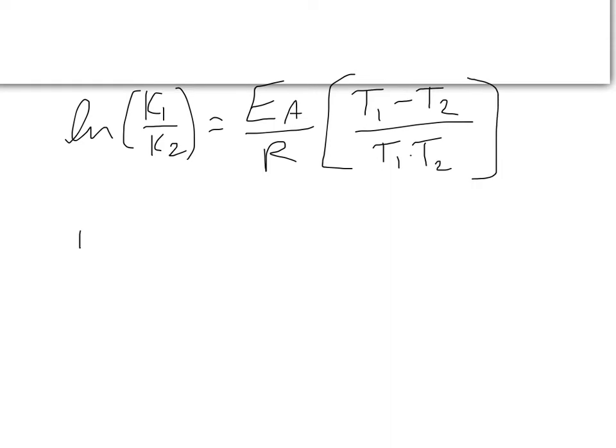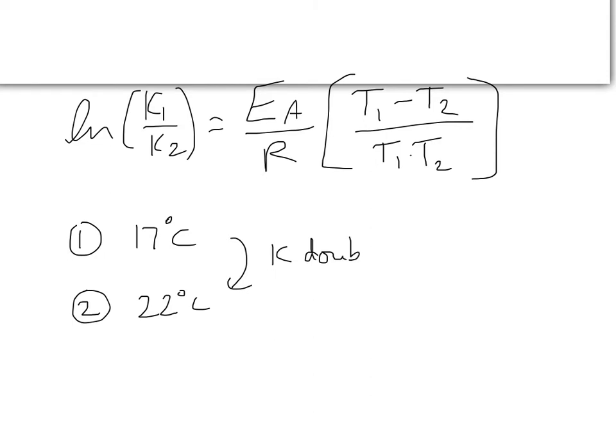What are we given in the problem? Well, we are told at 17 degrees C, and our other temperature was 22 degrees C, K doubles. Okay, and so we don't actually know K1 and K2, do we? Now, if K doubles, then that tells us that we do actually know this ratio. And so K2 over K1 is 2. And if you look at the expression above, we want K1 over K2.